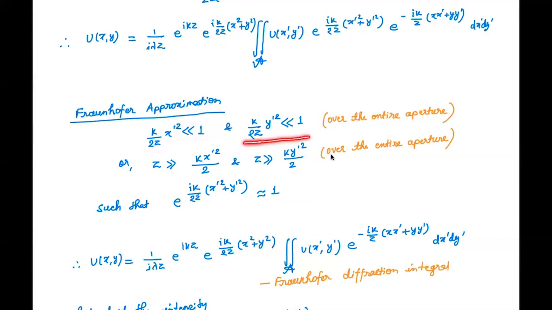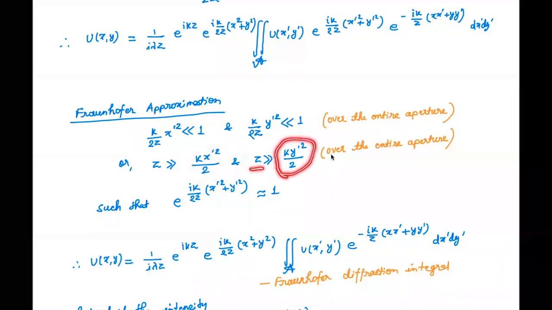K y prime square by 2z much smaller than 1. So these are the two approximations. If we make them, then we have that this term is actually equal to 1. Another way of writing this would be that z is much larger than k x prime square by 2. Z is much larger than k y prime square by 2. So this is the Fraunhofer approximation.